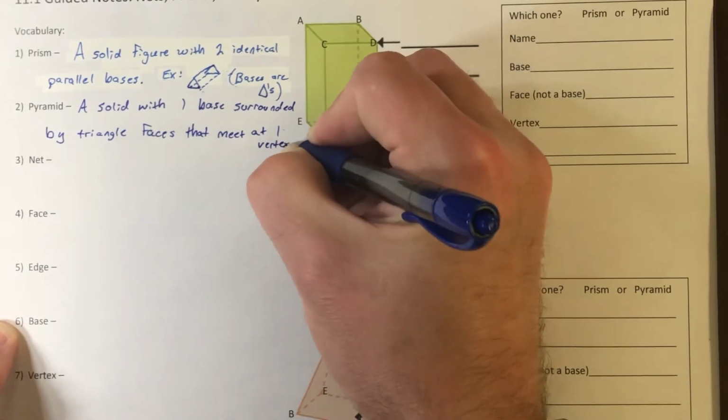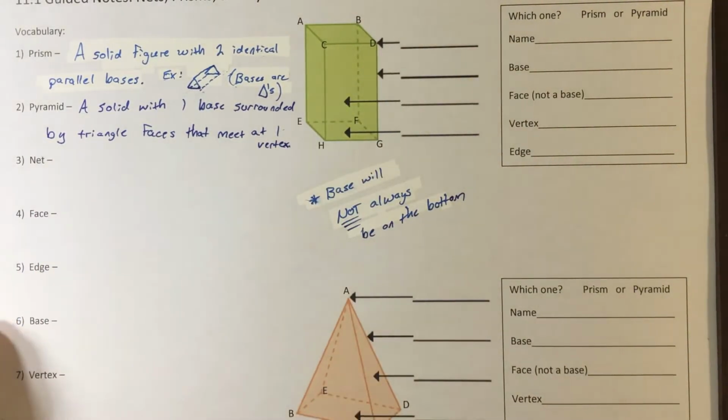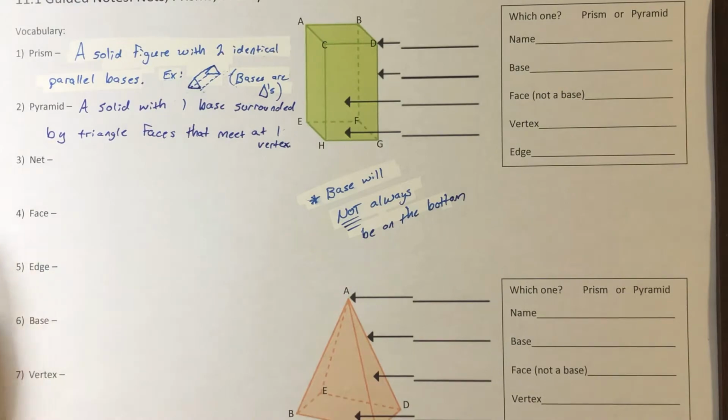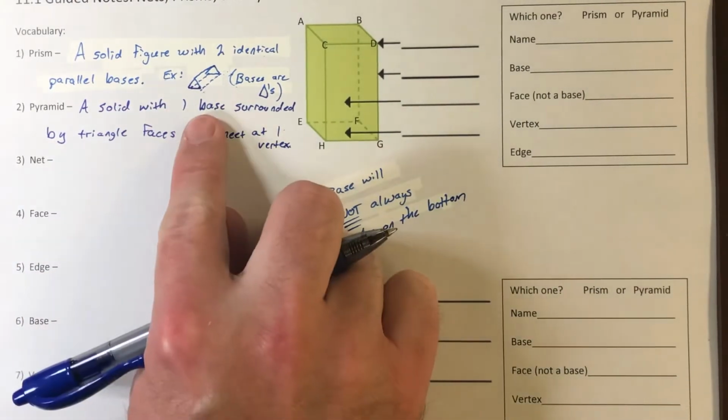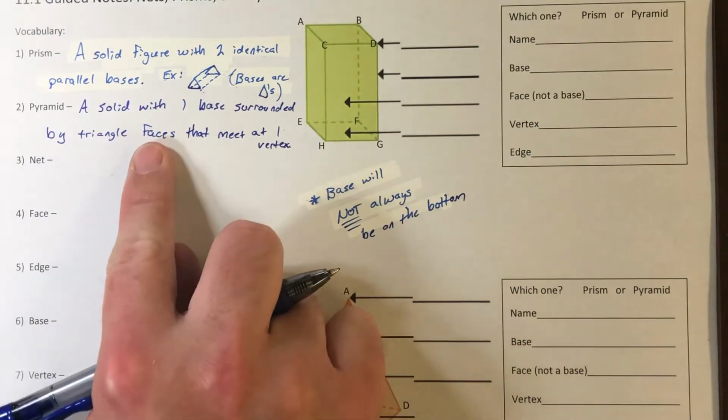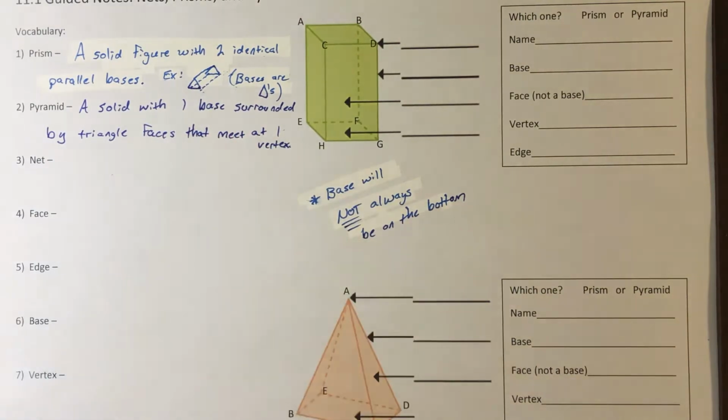You'll notice we keep using a lot of these vocab terms in there, so we're going to have to cover them. So, a solid with one base surrounded by triangle faces that meet at one vertex.